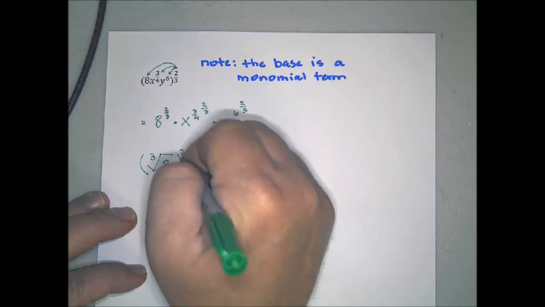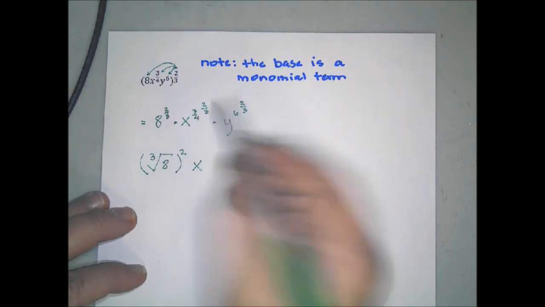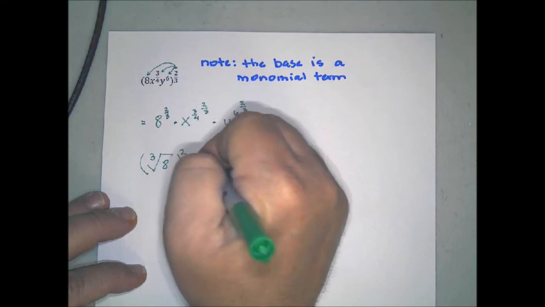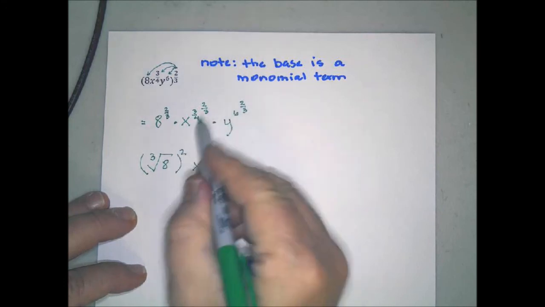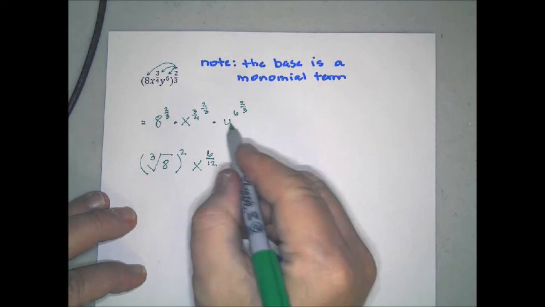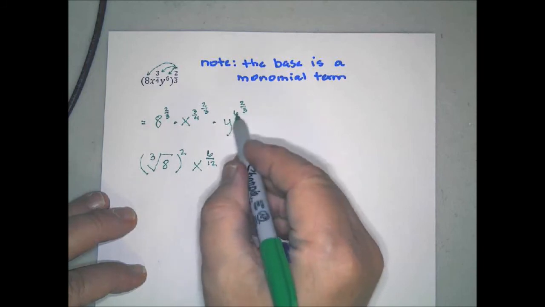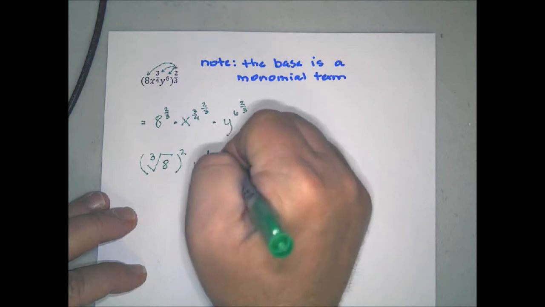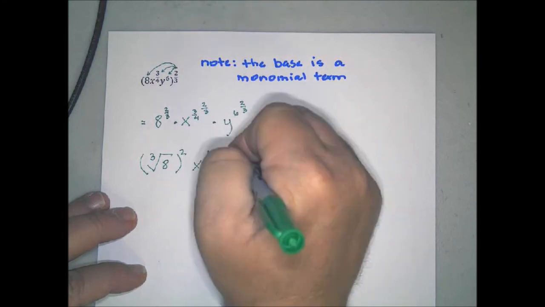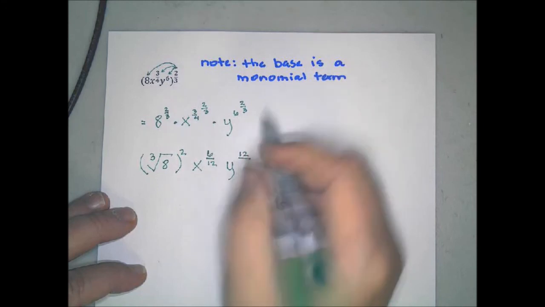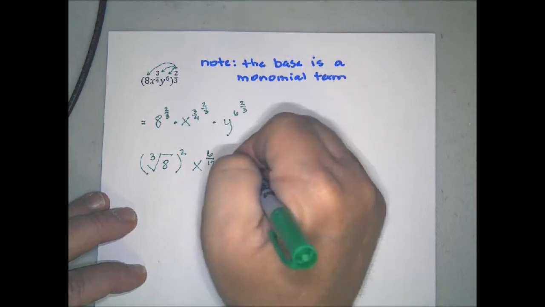So this would be x to the 3 times 2 is 6 over 12. 4 times 3 is 12. And this one would be 6 times 2/3. When you raise a power to a power, you multiply. So the base would be y, and the exponent would be 6 times 2 is 12 over 3.